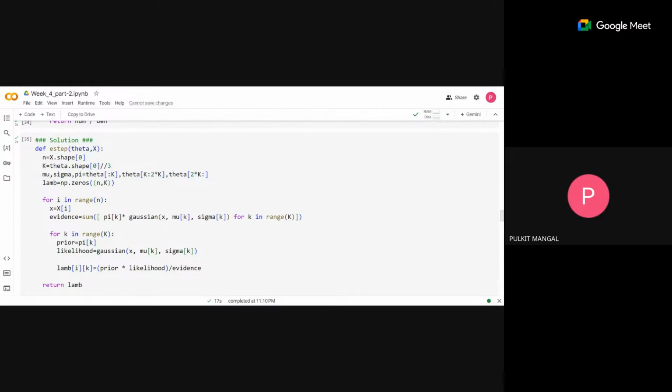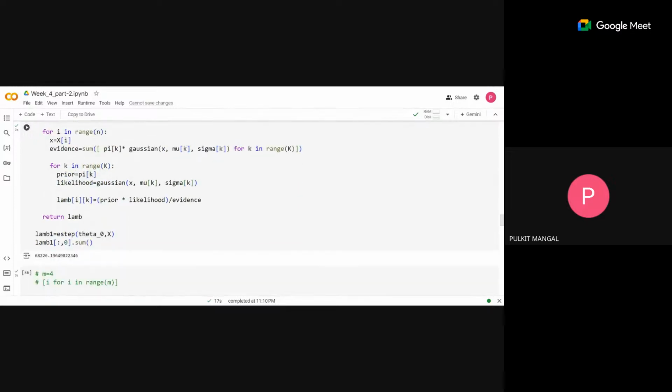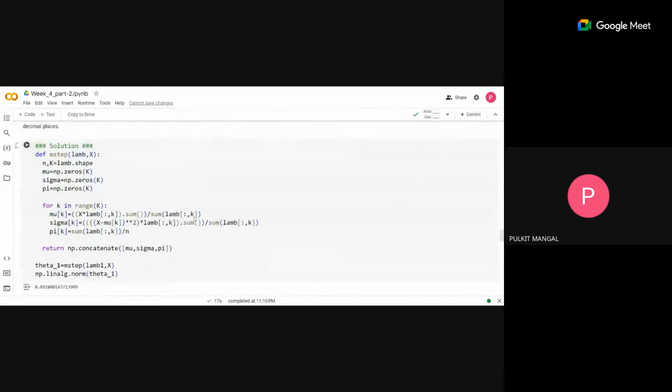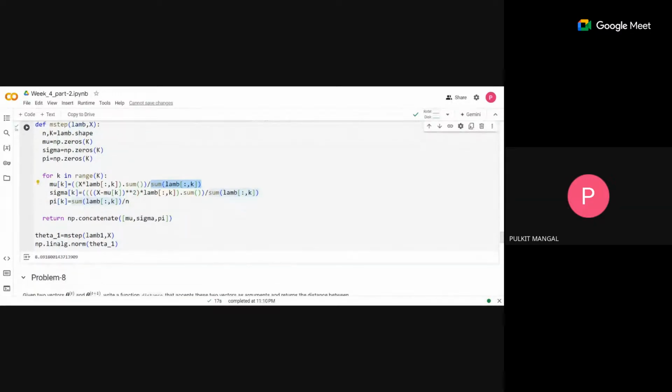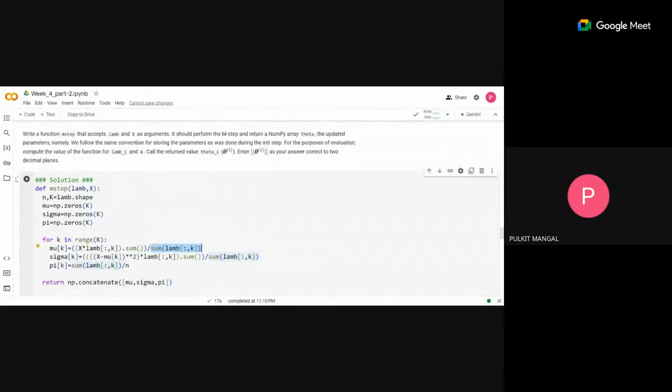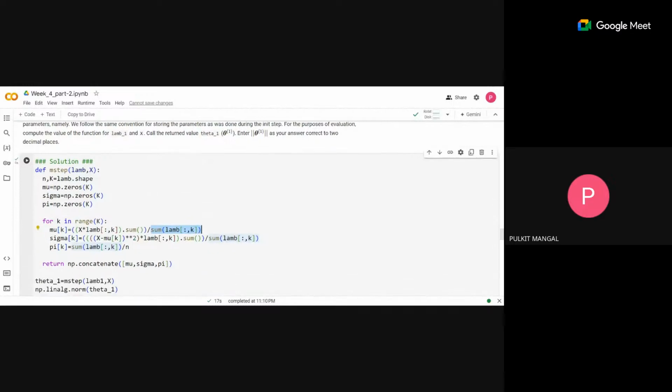E step. So we did this. Okay, we have defined mu, sigma, pi, separated that, and for each range we are iterating our xi. Found the sum. Okay, I hope in the M step this won't cause any problem. I hope it should not, otherwise it would have given an error.